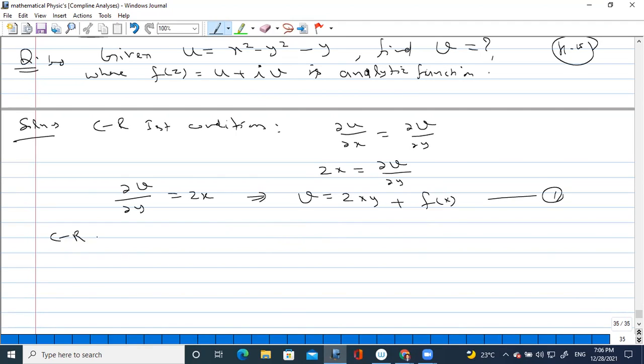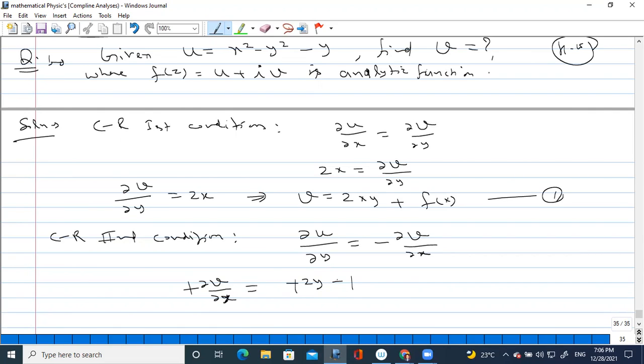Again you apply the CR second condition. In the CR condition, del u over del y equals minus del v over del x. Now here del u over del y will be minus 2y minus 1, and that is equal to minus of del v over del x. Minus to minus will go. Now when we are integrating it again, because differentiation is with respect to x, you might have taken f(y), a function of y, as constant.